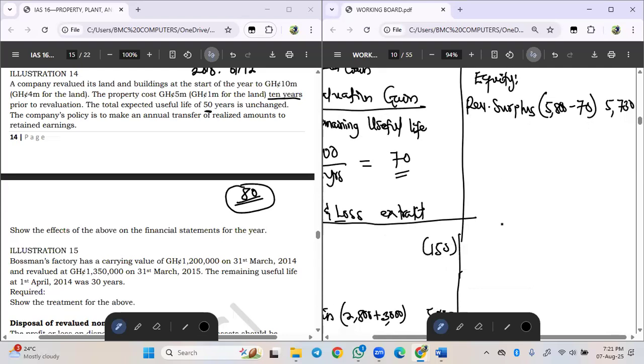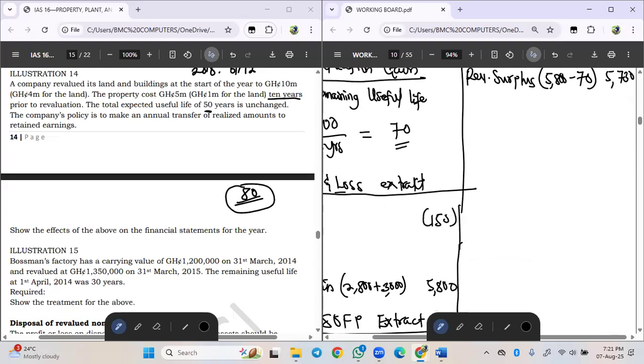Now let me do these short workings: the statement of changes in equity extract. Let's say we have two components of equity. First of all, we have the revaluation surplus or revaluation gain.